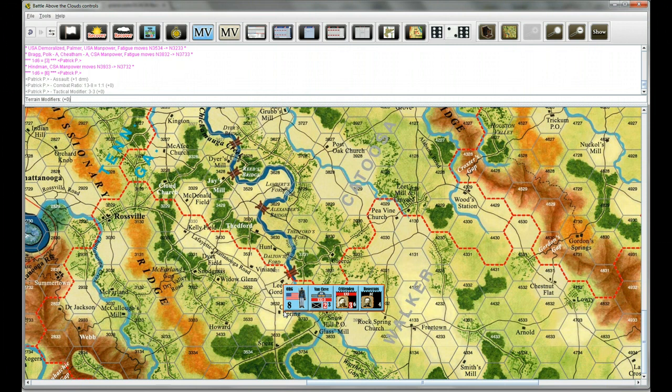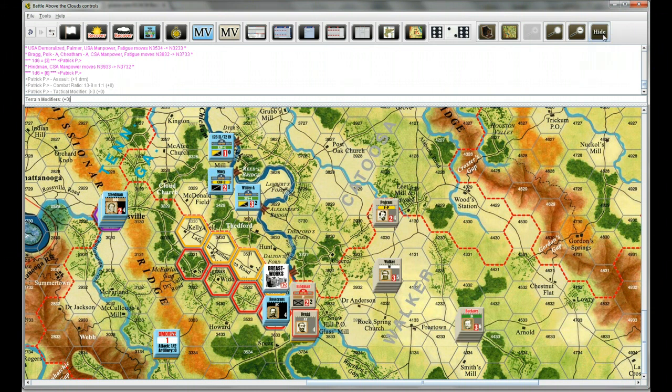So in that situation, we actually had to wait until this particular assault. But there are no streams, no creeks, nothing like that. So there are no terrain modifiers for us. And we'll just add that to our list here. I don't have any flanking modifiers, so I would ignore that for now.